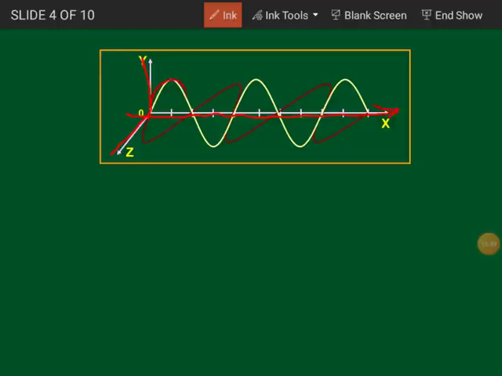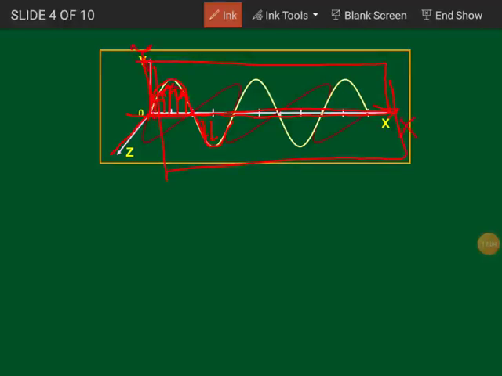This is the electric field, and it is varying here like this, in the xy plane.